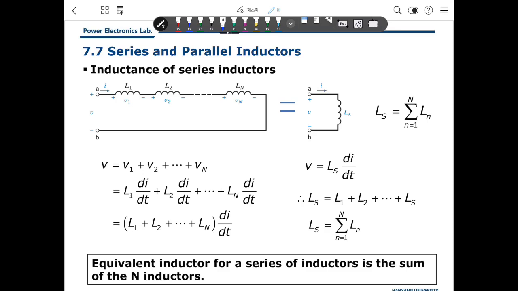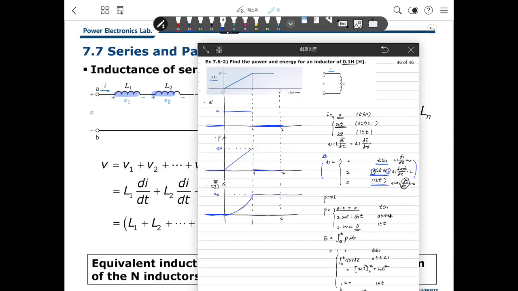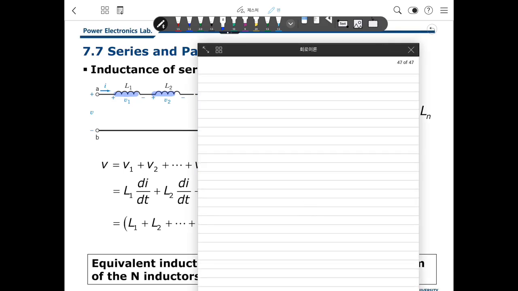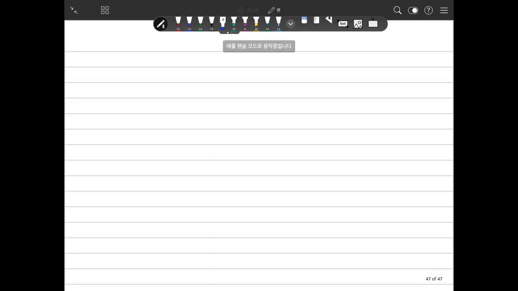If there are some series inductors here, 1, 2, and 3, then we need to make the same inductance here. For example, we have inductors here. Here we define L1, this is L2, this is Ln.